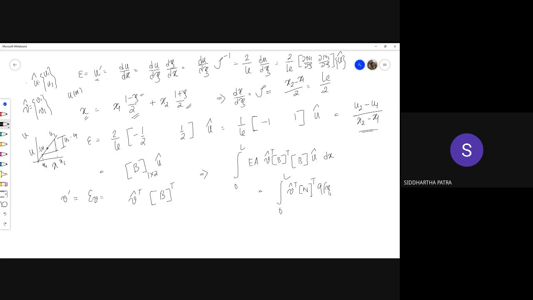as a function of xi dx plus P times V hat transpose N transpose, but N transpose evaluated at x equal L. In the end, from this entire expression, we can take V hat transpose to be common.